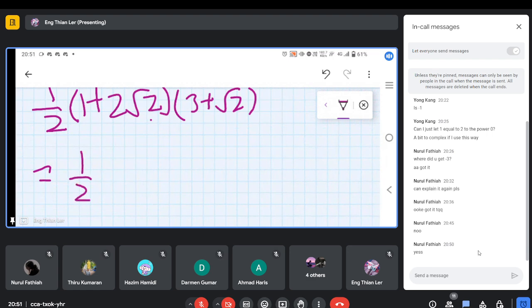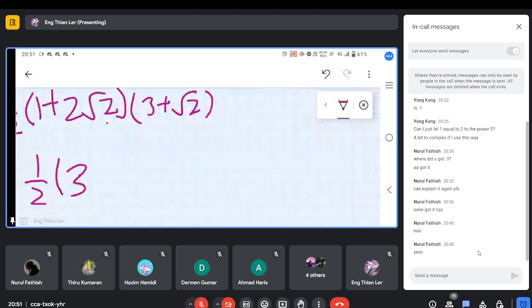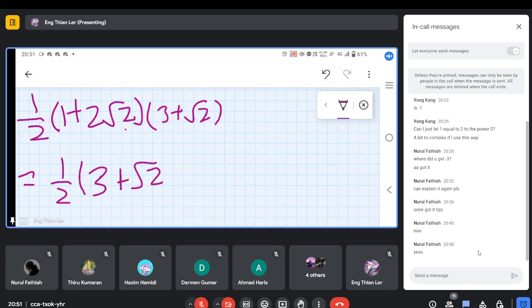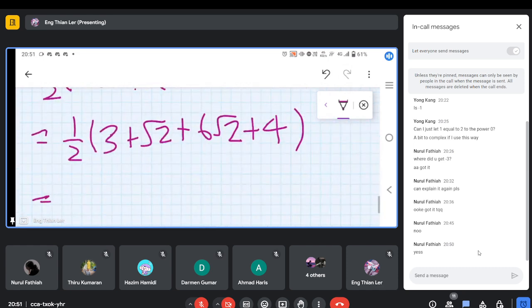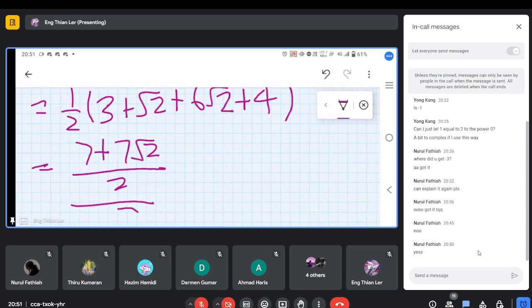Now 1 multiplied by 3 is 3. 2 root 2 times 3 is 6 root 2. And 1 times root 2 is root 2, so 6 root 2 plus root 2 is 7 root 2. 2 root 2 times root 2 is 4. And we got 7 plus 7 root 2 over 2. So that's the answer from the textbook.